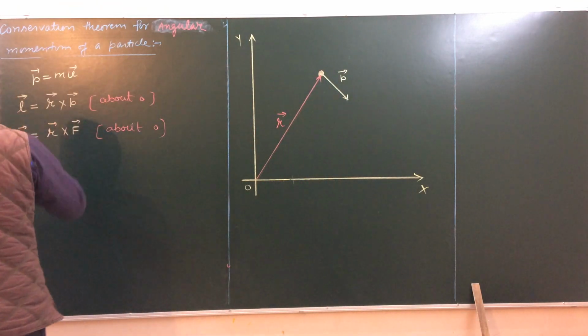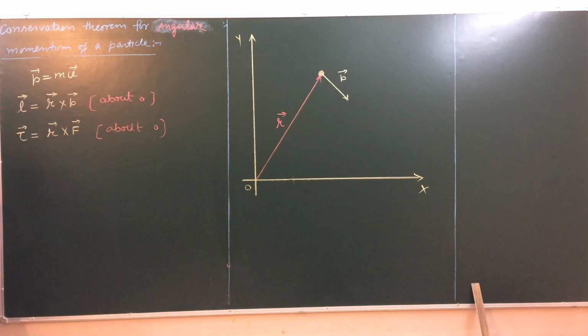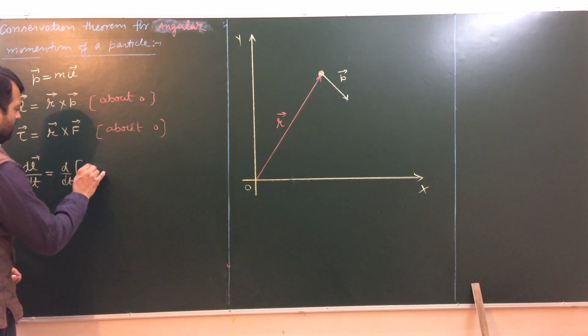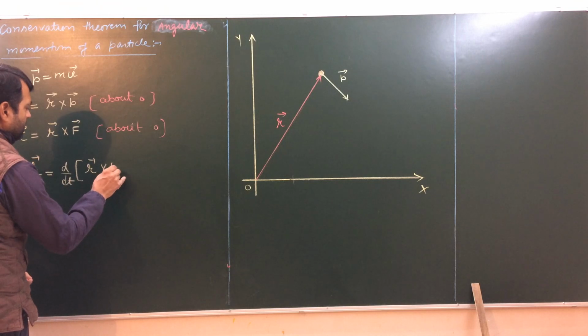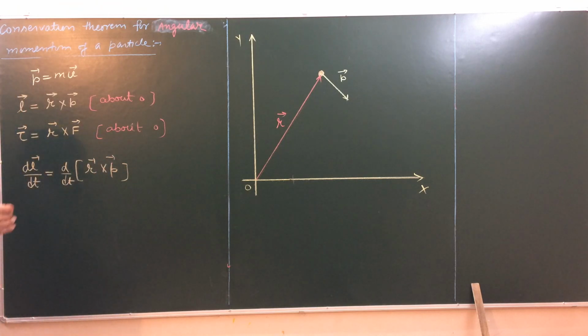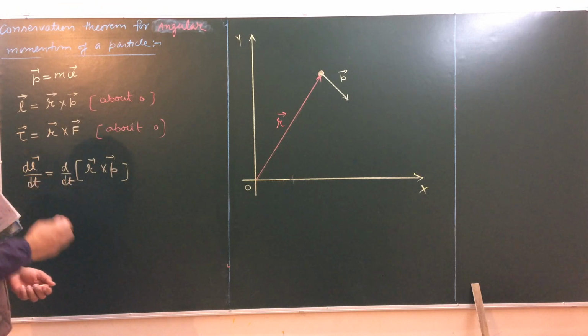Differentiating with respect to time, I'll get dl by dt, the rate of change of angular momentum, is d by dt of r cross p. Now we apply the product rule of differentiation, preserving the order of r and p.